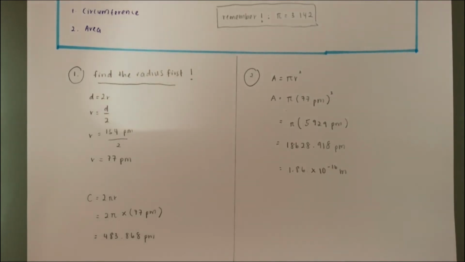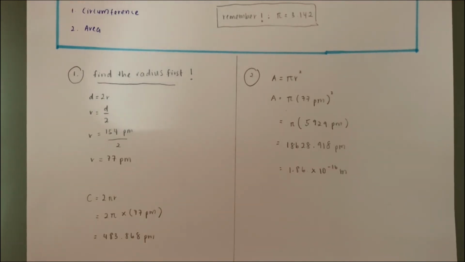So we rearrange the formula and we get diameter over 2 to get radius. Just divide 154 by 2, so we get 77 picometer for the radius.